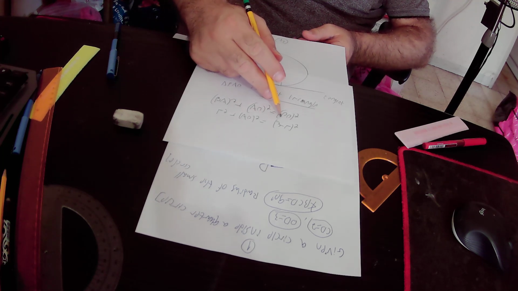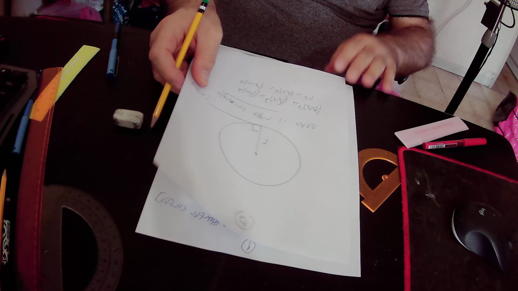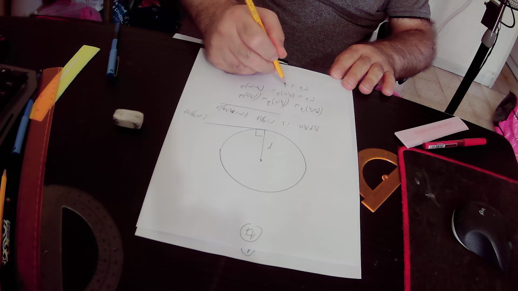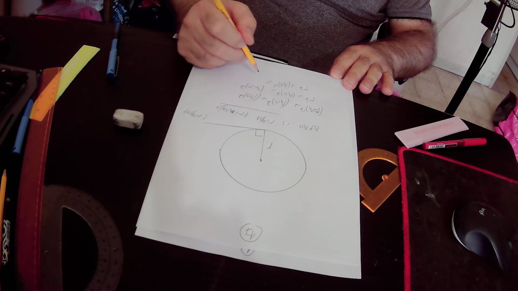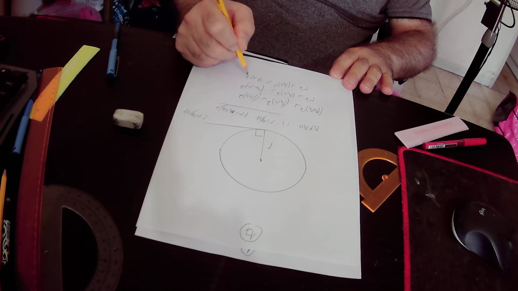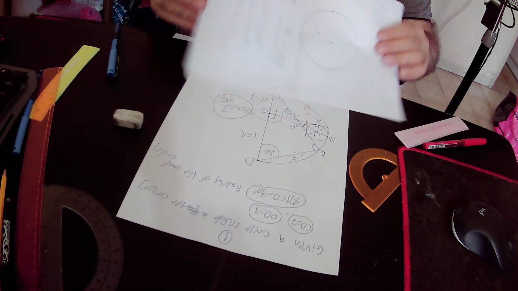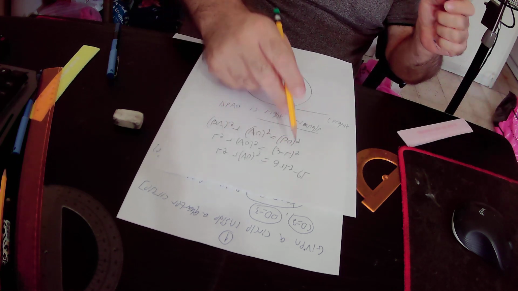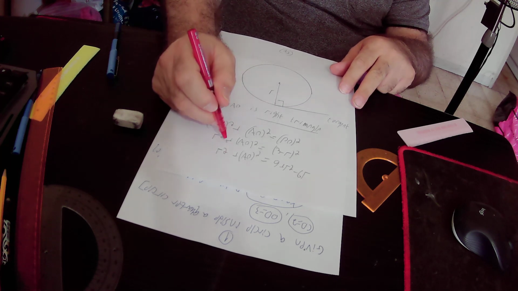Here we'll open the brackets and we will get r square plus AO square equals (3 minus r) squared, which is 9 plus r squared minus 6r. So here we have r squared on this side of the equality and r squared on the other side, so r squared will get cancelled.